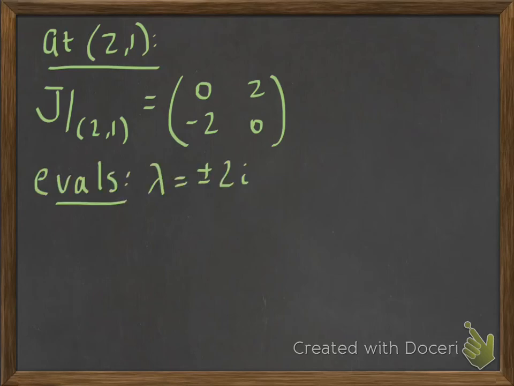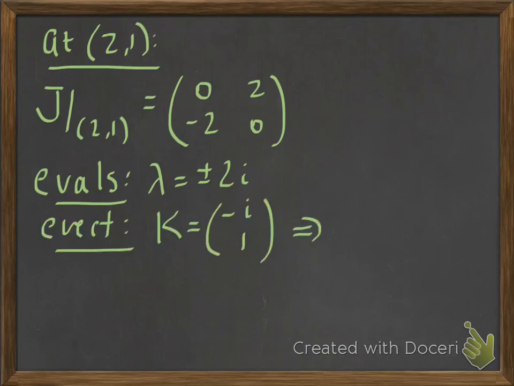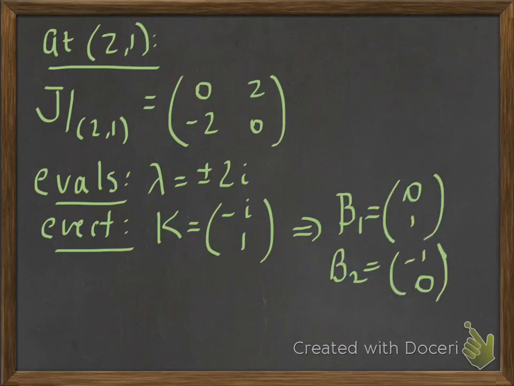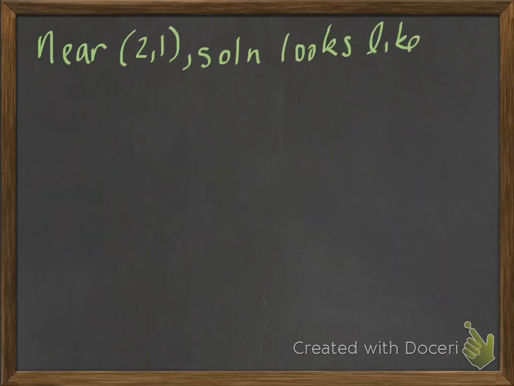If you do that, you'll find that your eigenvalues are plus and minus 2i, so we need to do a little bit of analysis to see what the general solution looks like near this equilibrium point. You can find your eigenvector is (-i, 1). Remember, we split that into its real and imaginary components. So b1 is (0, 1), b2 is (-1, 0).